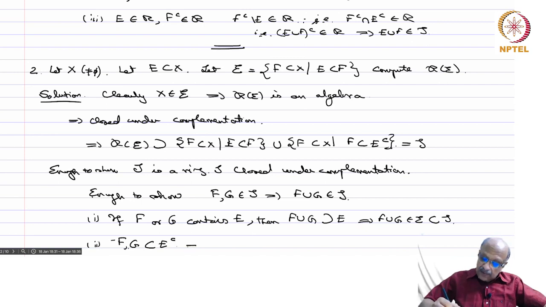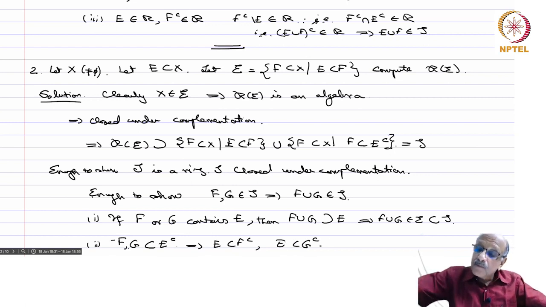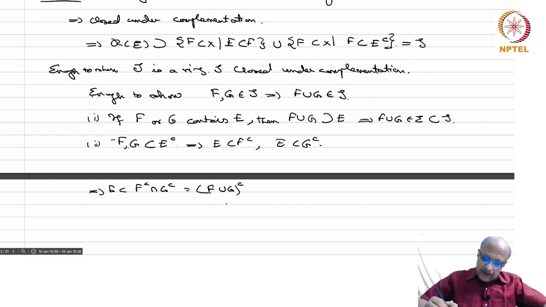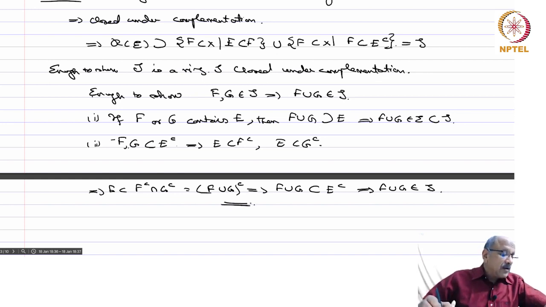So this implies E is contained in F complement and E is contained in G complement. So E is contained in F complement intersection G complement, which is equal to F union G complement. And this implies that F union G is contained in E complement, and this implies that F union G belongs to S. So it becomes an algebra.